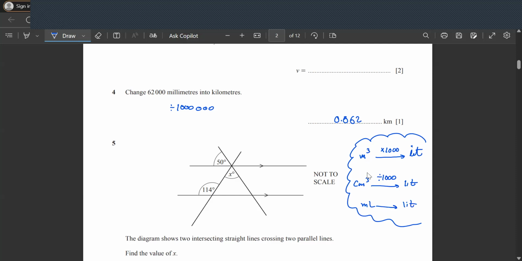If you look here, I will explain it, then I will say it directly, okay? From milliliter to liter, I will divide by what?